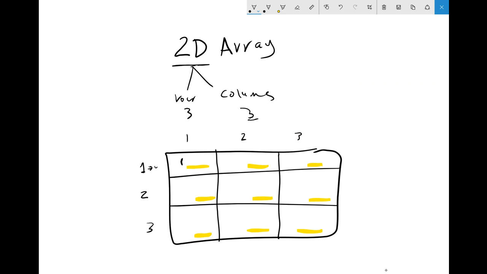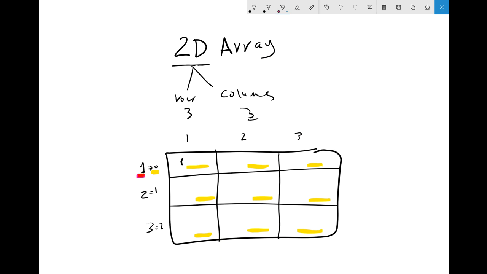Instead of 1 you say 0, instead of 2 say 1, and instead of 3 you say 2. That means array indexing starts from 0, not from 1. So don't make the mistake of thinking your array row index starts from 1.